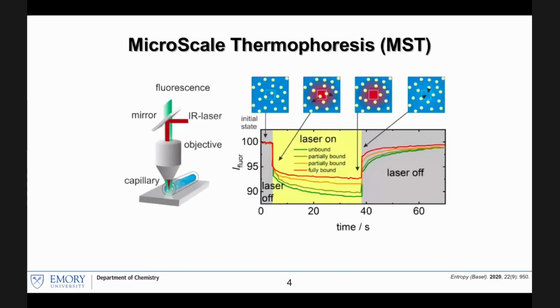Using microscale thermophoresis, we were able to test the binding affinity. The reason I want to talk about this technique is because it's a rather new technique, I would say maybe 10 to 15 years old. A lot of people, when they test binding affinities of any two molecules, typically use ITC or SPR, but we went with MST because we can use small amounts of our targets, and it's a lot quicker.